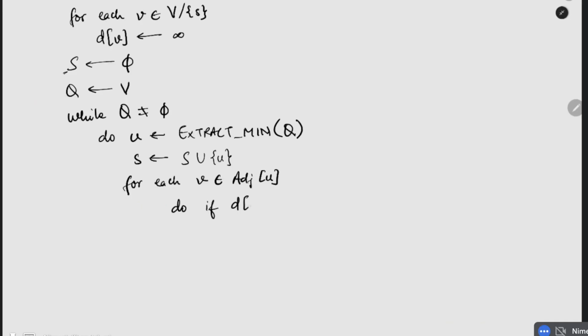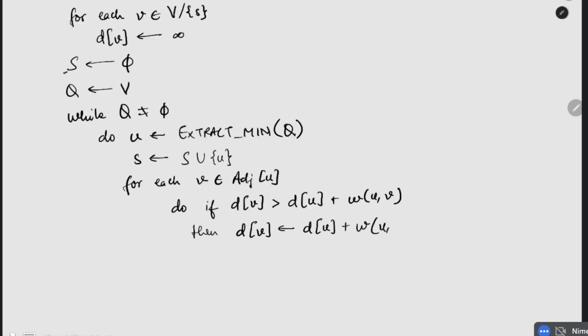If d[v] is greater than d[u] plus the weight between u comma v, right? If the current value is higher and the new value with the current connection that we are checking is lower, then we update the value for d[v] as d[u] plus w(u, v).